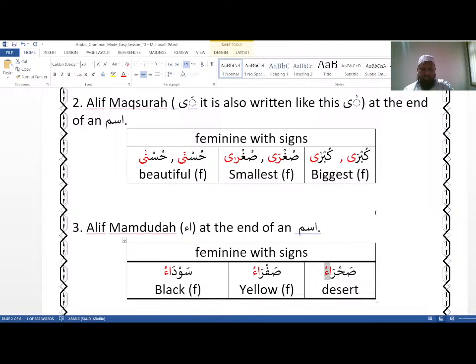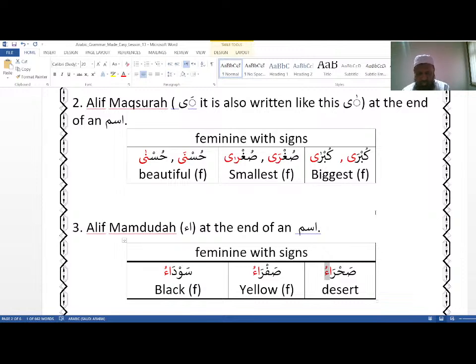Now, these isms don't have alif lam, but still they have no tanween. From here, as some of you answered, we know there are some isms that don't accept tanween even though they don't have alif lam. Yes, they are called ghair munsarif.